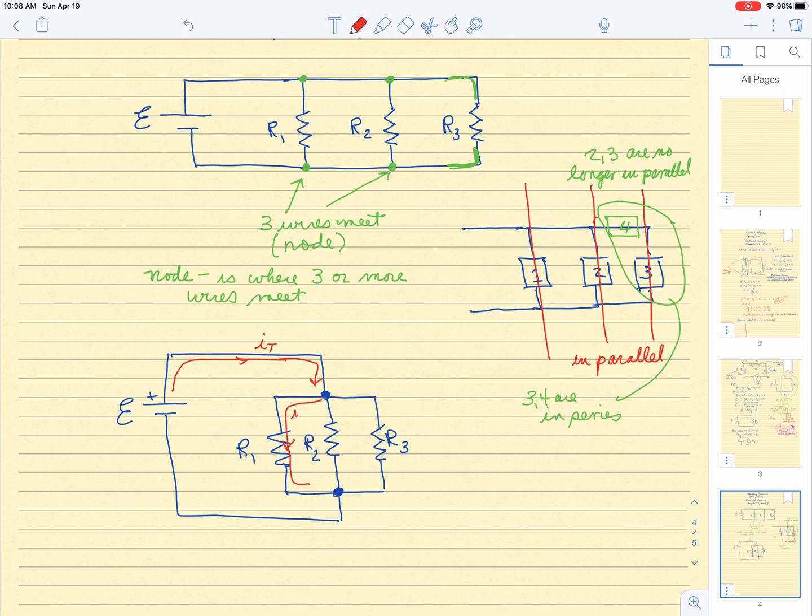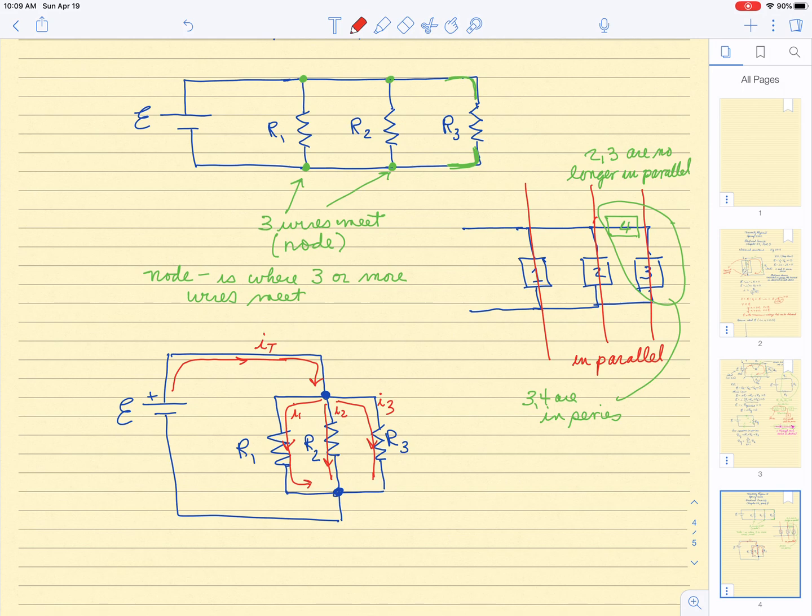It's going to be the current going through I1, the current going through I2, and the current going through I3.